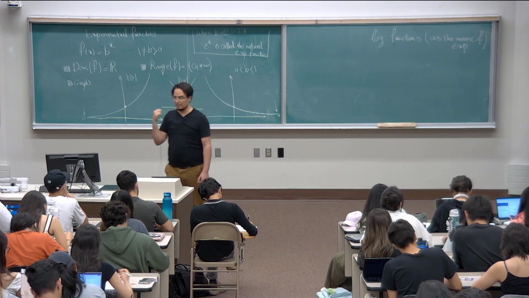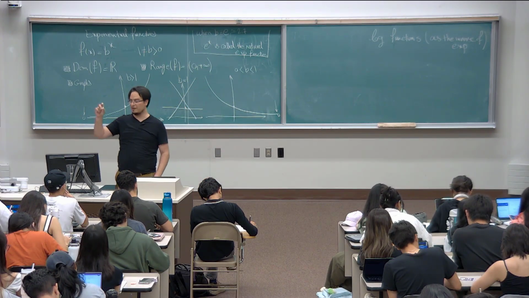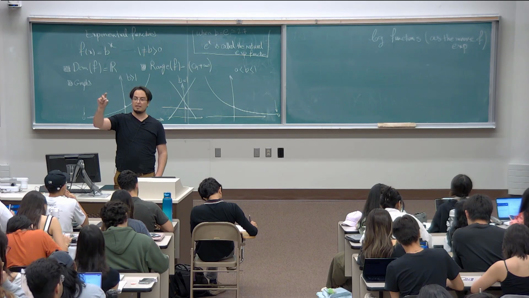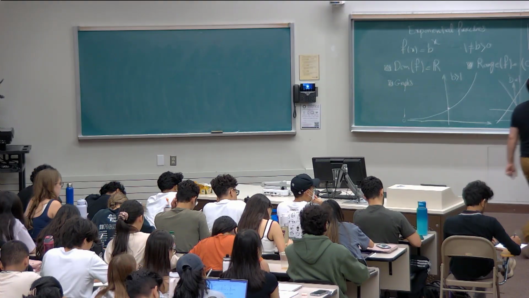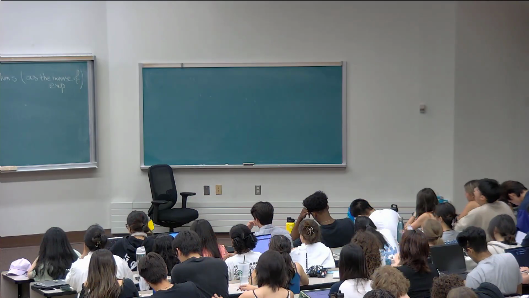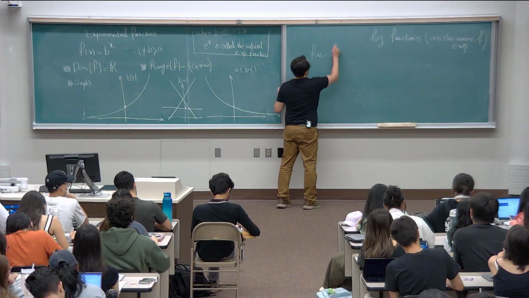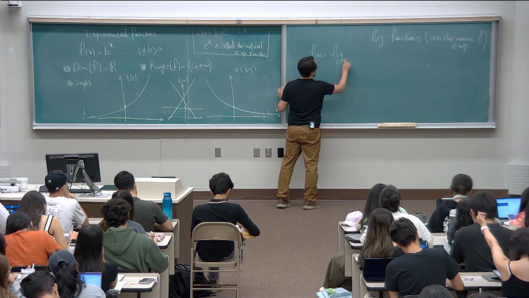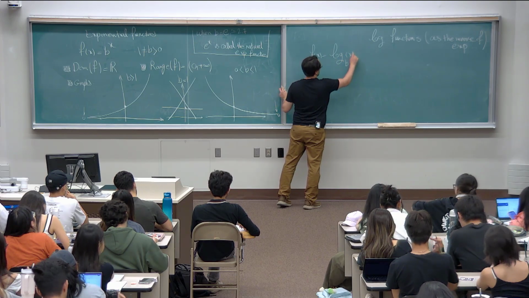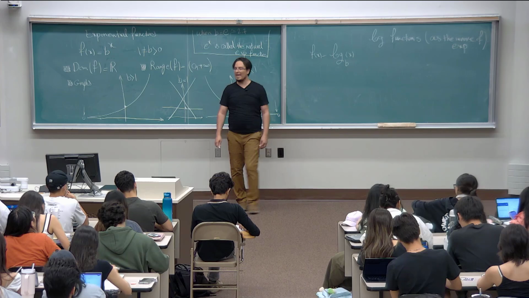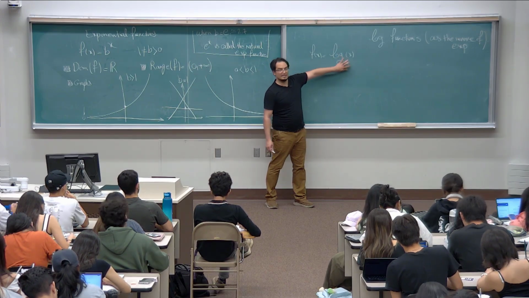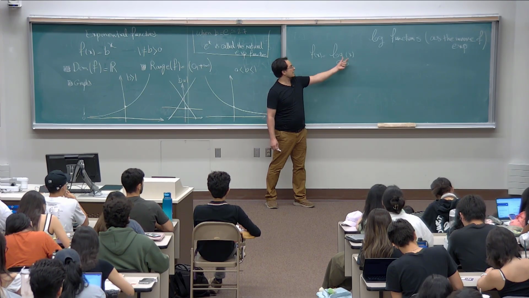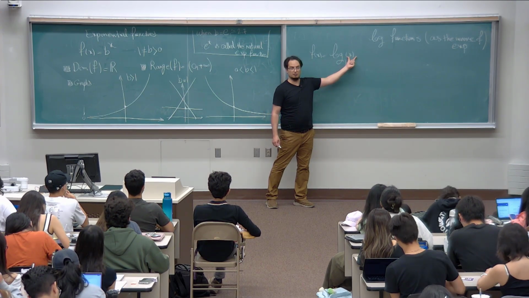When we are defining an exponential function, we are fixing a base. The same story will happen for the log. The notation here that I'm going to use is f of x equal to log of x base b.